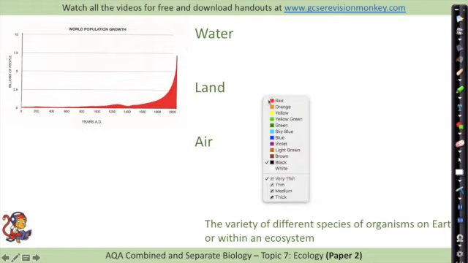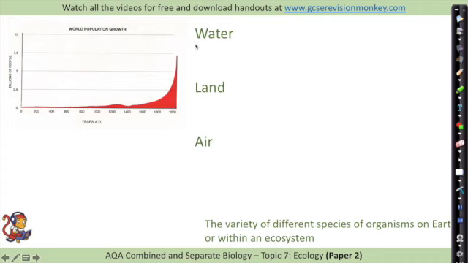And this has massive consequences for a number of resources such as water, land and air. The presence of these billions and millions of people has meant that water is regularly contaminated with sewage and other toxic chemicals. Another way water is contaminated is through agriculture.